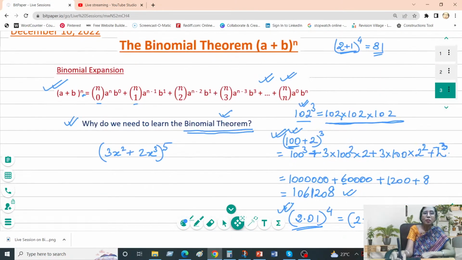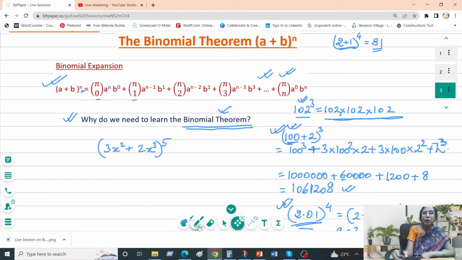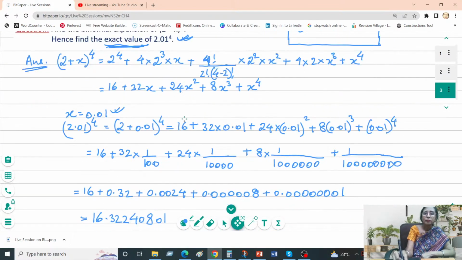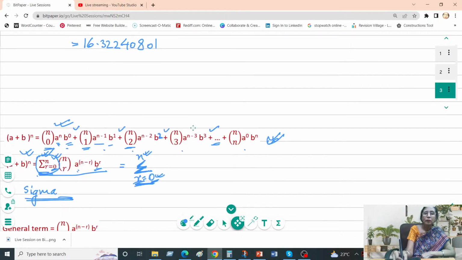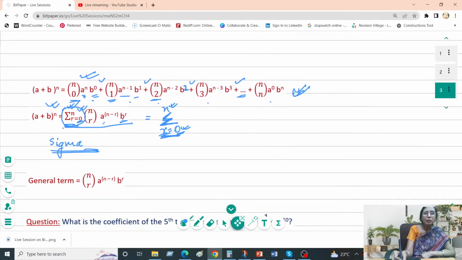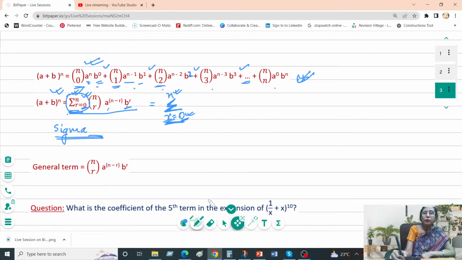Most probably this also has the same mistake. Over here, it should be 2. And this way it continues, and for the last term, the R value is equal to n, therefore it is nCn, a to the power of n minus n, which is a to the power of 0, and b to the power of n.